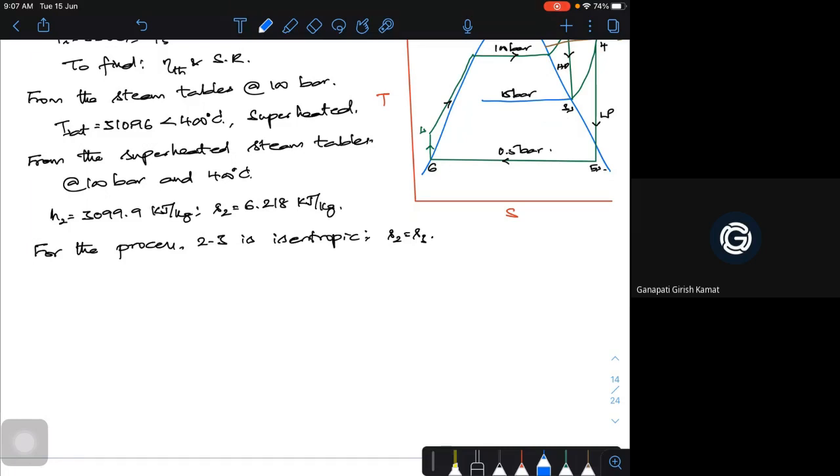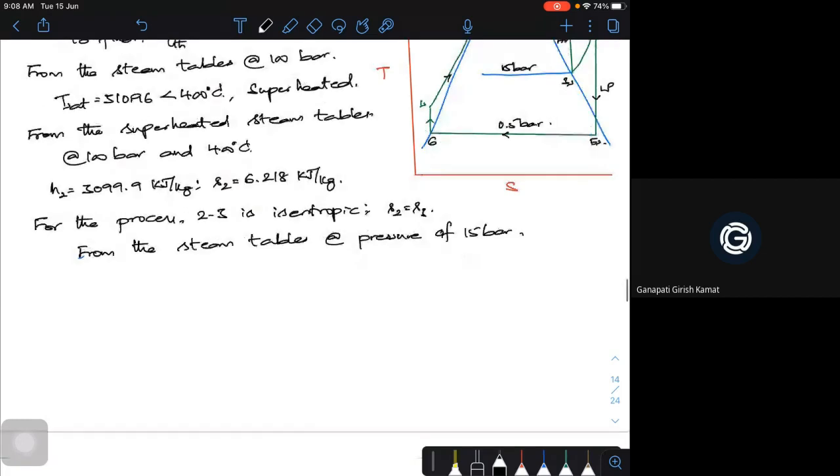So from the steam tables, at the pressure of 15 bar, try to get these values.